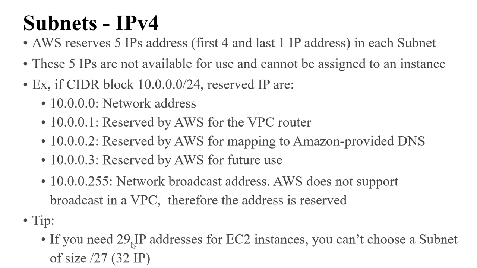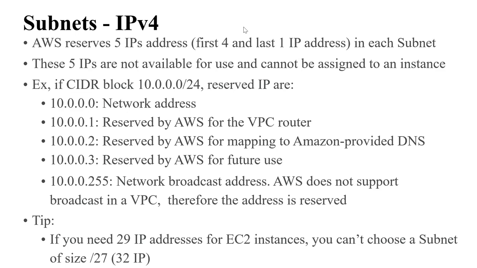You need to plan for 29 plus 5, that is 34 IP addresses, and choose the CIDR accordingly. If you use /27, you will get only 27 usable IP addresses, since 5 IP addresses are reserved for AWS. That is the concept.